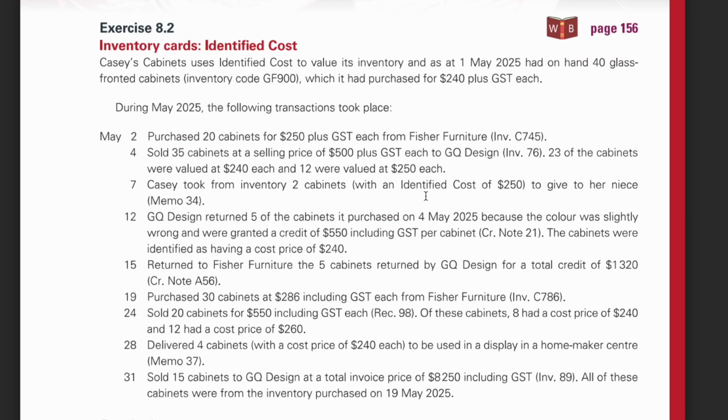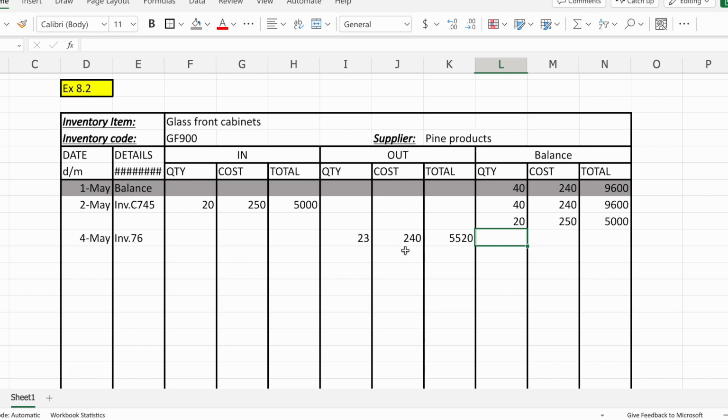And let's see what else they said. 23 of the cabinets were valued at 240, and 12 were valued at 250. So now 12 were also sold at 250, which is a different cost price to the above. If we multiply 250 by 12, you get 3,000, and now it's recording the balance.